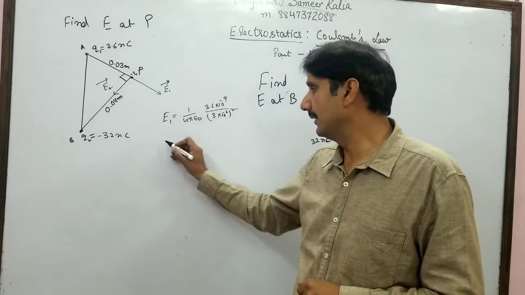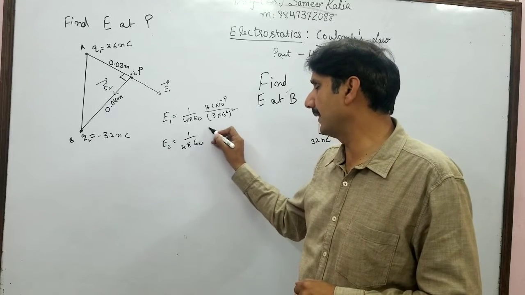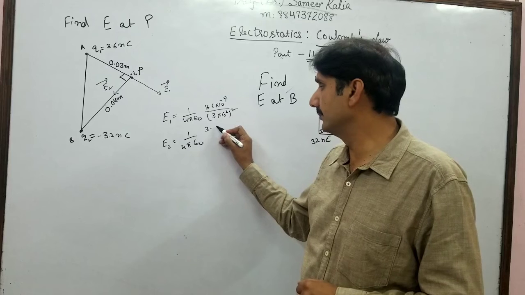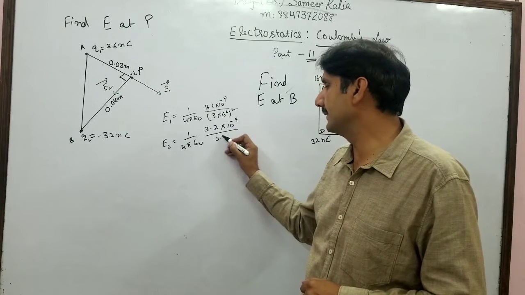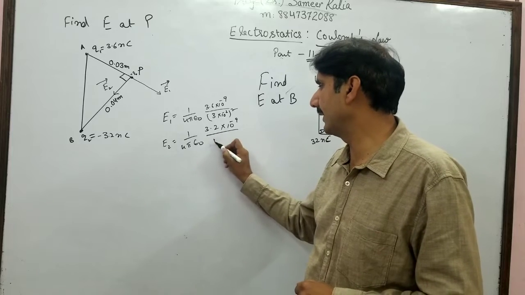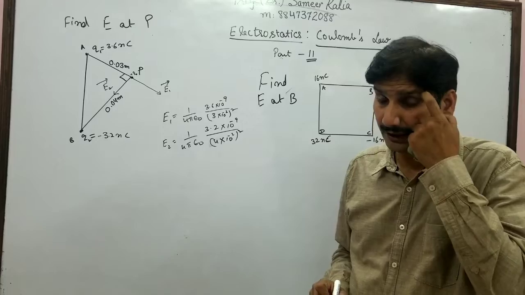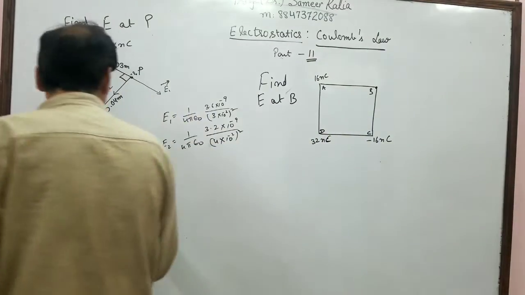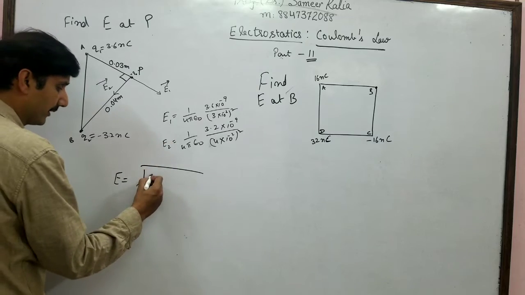This is E1. What is E2? E2 is the same 1 by 4 pi epsilon naught, 3.2 into 10 raised to the power minus 9 divided by 4 into 10 raised to the power minus 2 whole square. Now, the resultant electric field can be obtained as under the root E1 square plus E2 square.